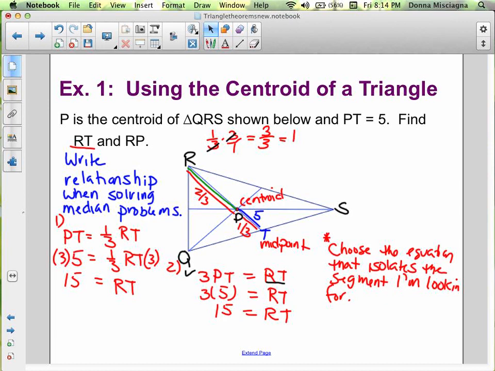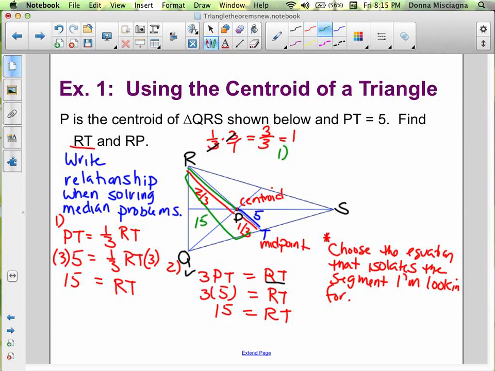We're not quite done. We need to solve for RP. We also have two ways to solve for RP. I'll show you both of them, and you pick the one you like. Sometimes you don't have a choice. Here you'll have a choice. So if I now know what RT is, RT is 15, I can certainly use that. There's nothing wrong with using the big segments you solve for.